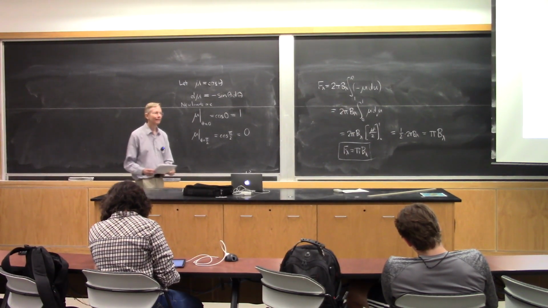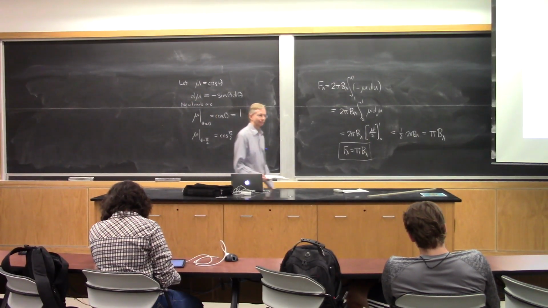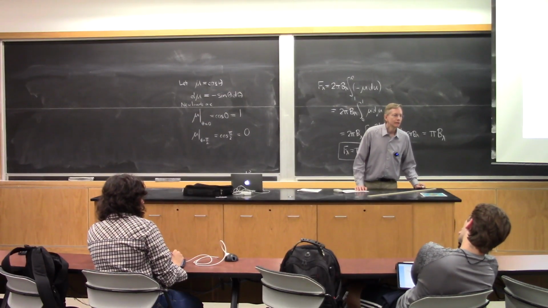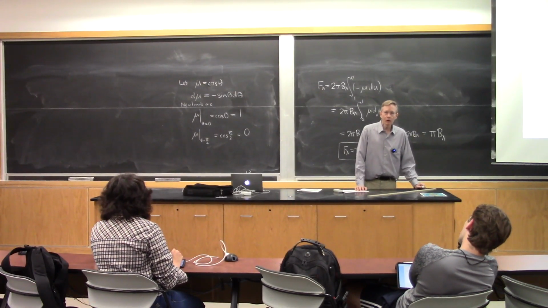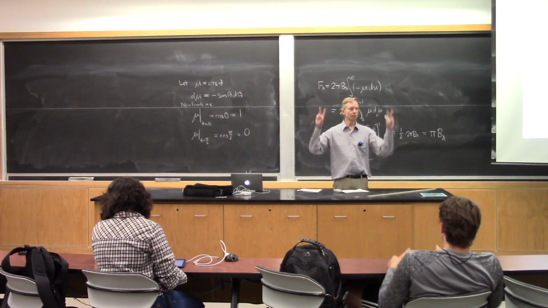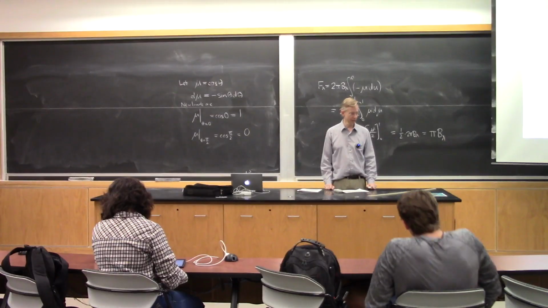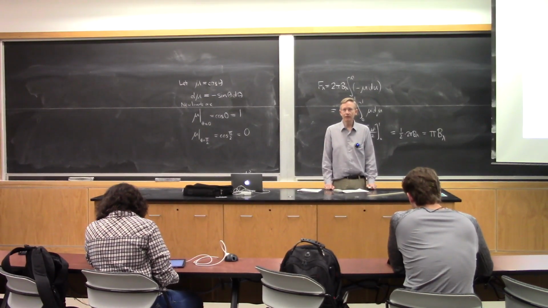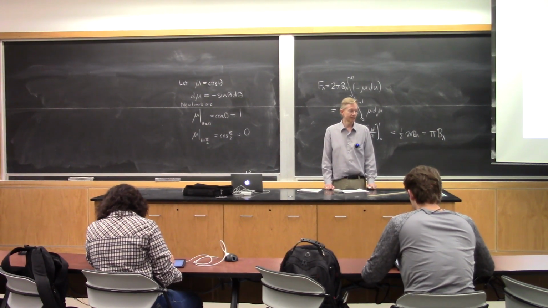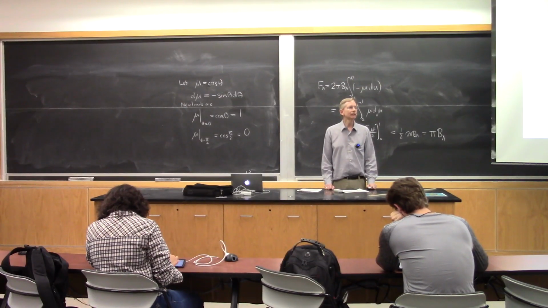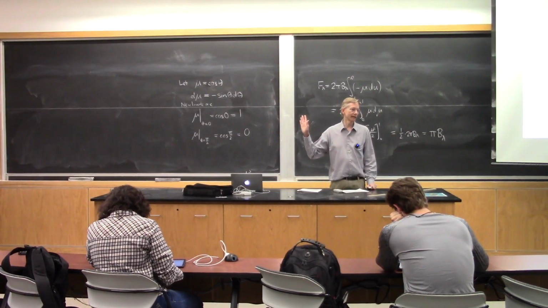Yes? Why does it need to be cosine theta? I'm sorry, why did we do what? Why did we take mu to be cosine theta? For no reason other than you will see that we're going to do other so-called moments of the radiation field, and the standard substitution and definition is mu equals cosine theta there. We could certainly have used sine theta instead.